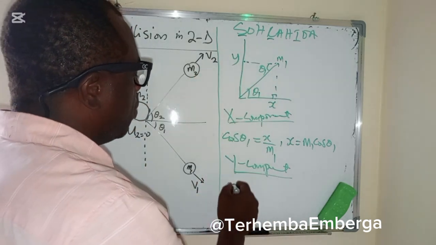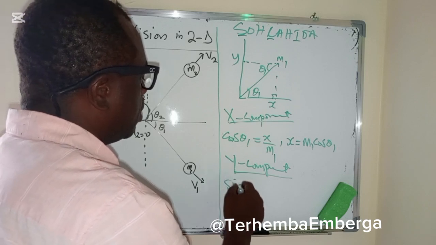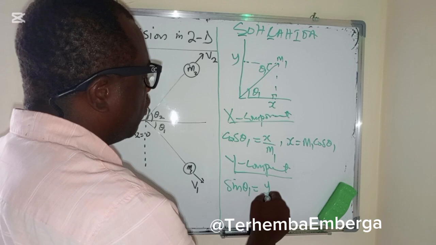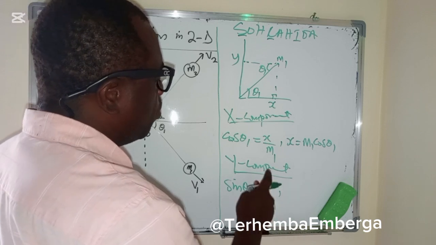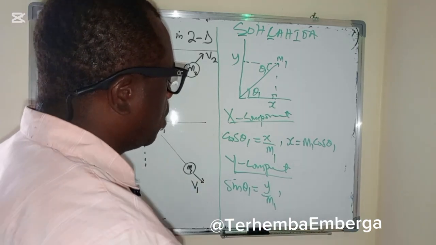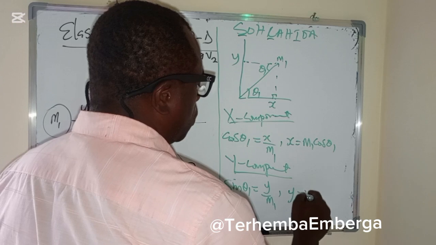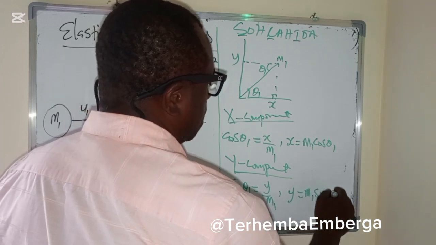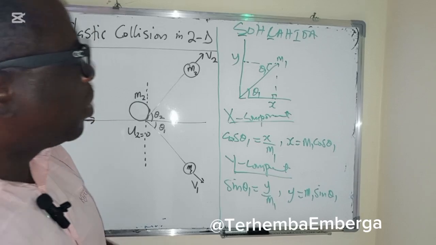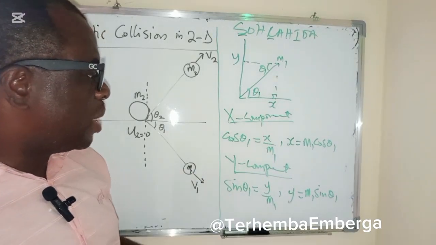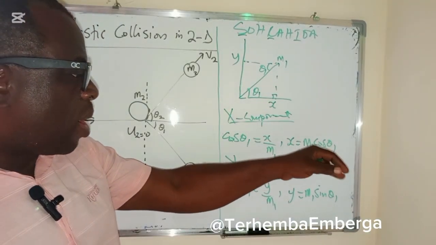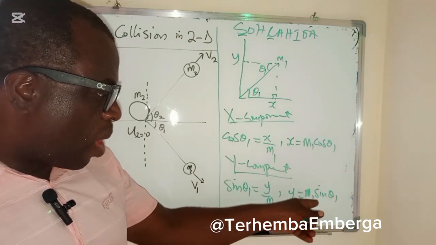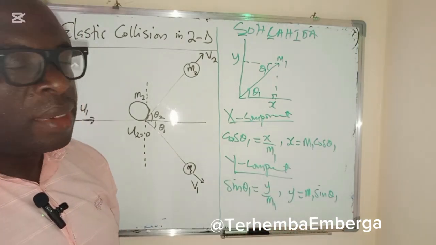That is, we can say that sine θ1 is equal to y all over m1. So if you make y the subject, y will be equal to m1 sine θ1. So resolving on the x component, we have m1 cos θ1. Resolving on the y component, we have m1 sine θ1.